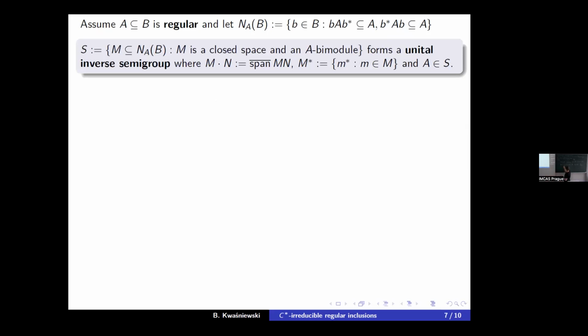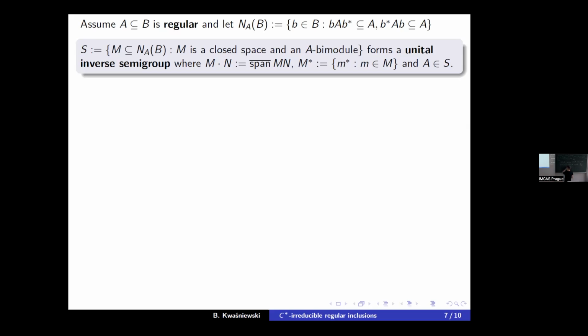Also in groupoids, the bisections form an inverse semigroup, and the fact that we have this inverse semigroup is hidden here. Let us consider the spaces that consist only of normalizers. They are closed in norm, and they are A-bimodules, so they are also closed under multiplication by A from the left and from the right.